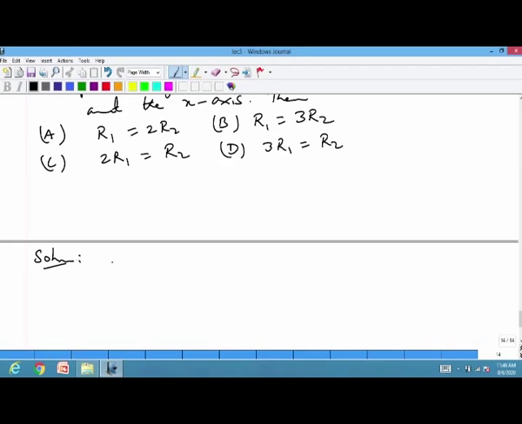So, let us write what is R1. R1 is given by integral from minus 1 to 2 of x times f x dx. Now, we will use the fact that it is given that f of x is same as f of 1 minus x. So, this is equal to integral from minus 1 to 2 of x times f of 1 minus x dx.